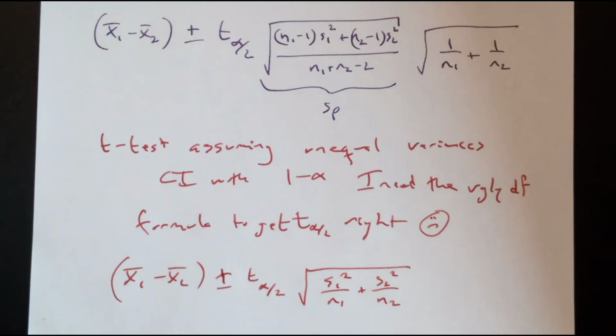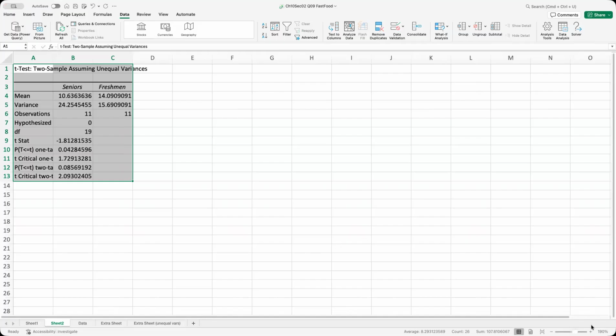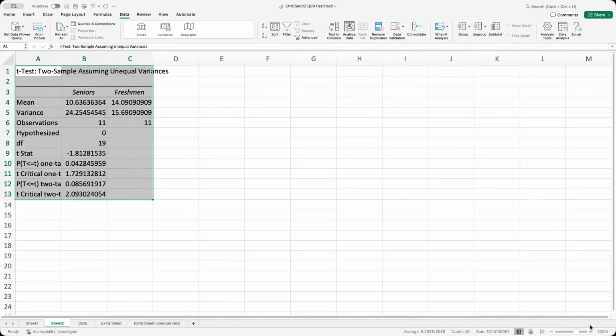Again, I will point out to you that we get all these numbers out of the t-test itself. Here's our fast food example with unequal variances. This is the unequal variance version. We did this with alpha equals 0.05, right?